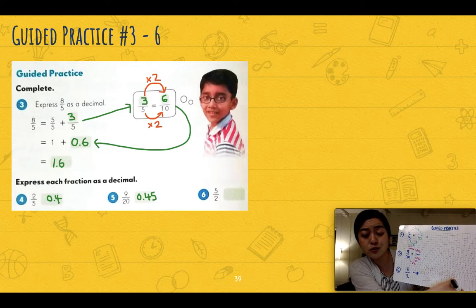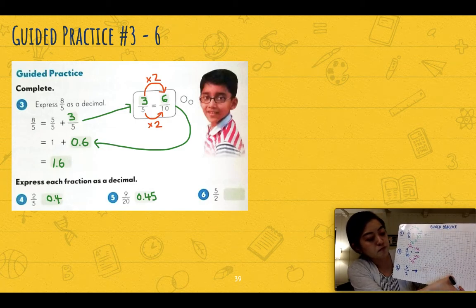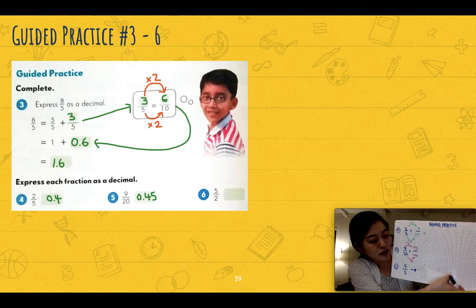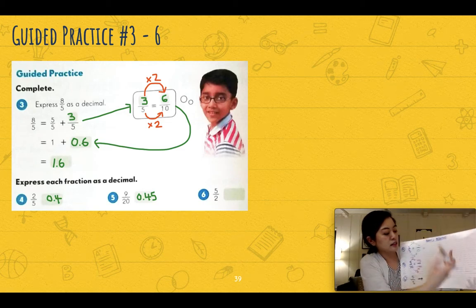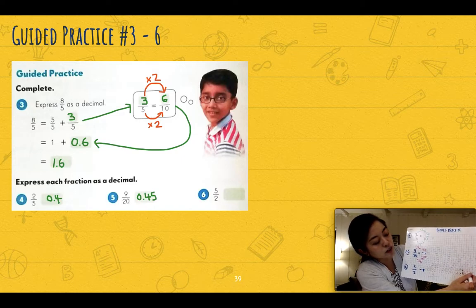And we want the denominator to be a 10 or a 100, okay? It looks like I can easily make 2 a 10 by multiplying it by 5, right? So let's see here. I'm going to multiply my denominator by 5. And whatever I do to the denominator, I have to do to the numerator.